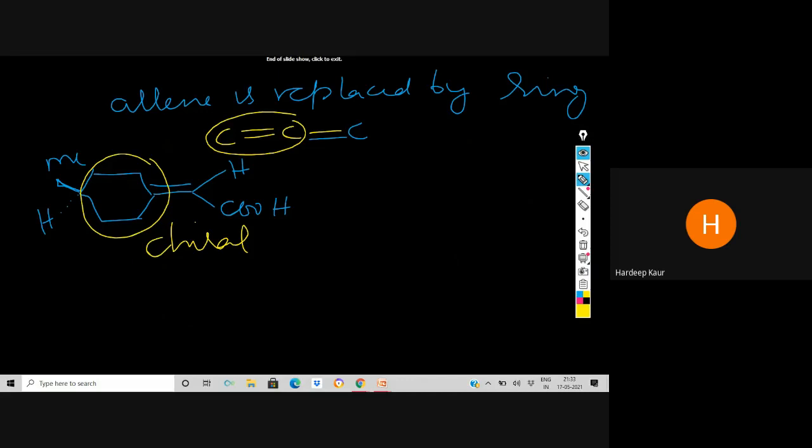So let us now take another class of compounds which exhibit stereoisomerism, and that is known as spiranes.